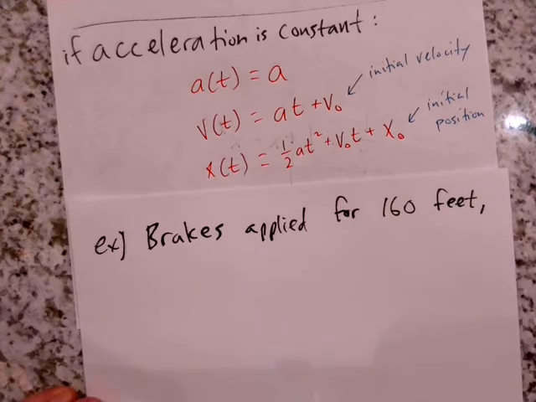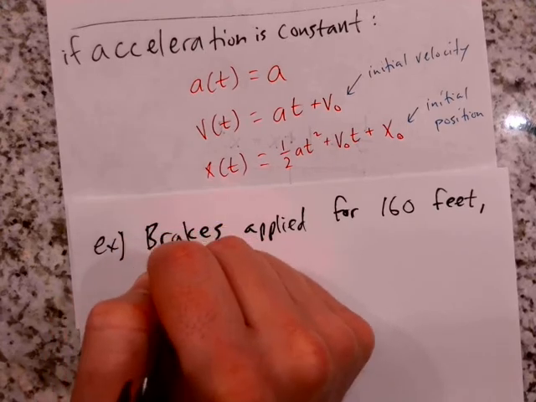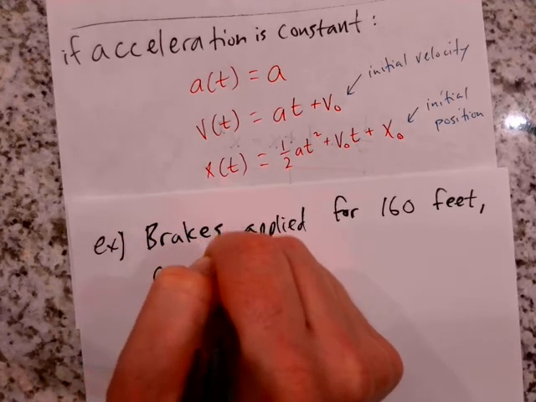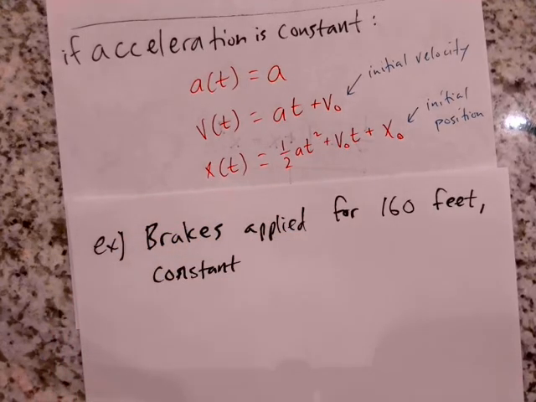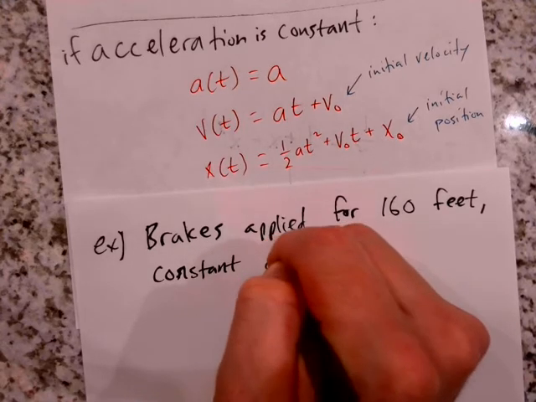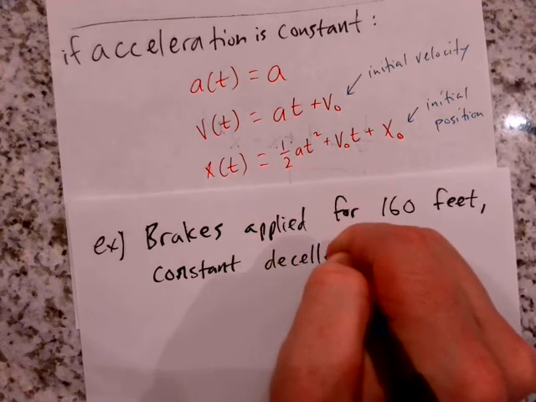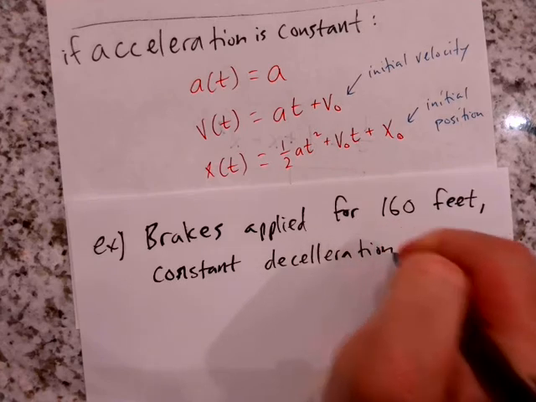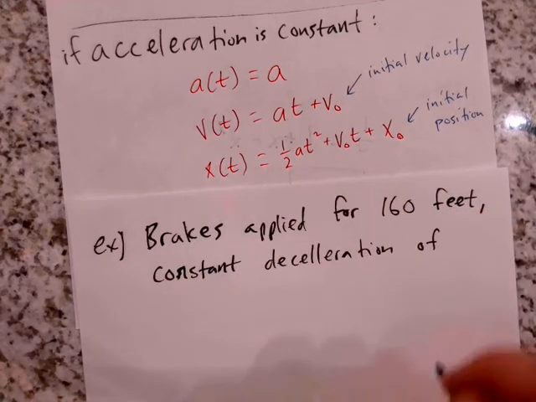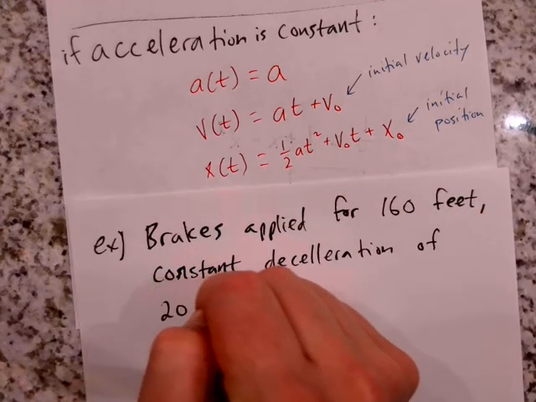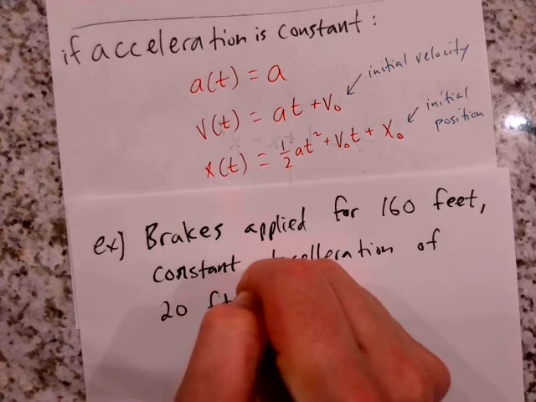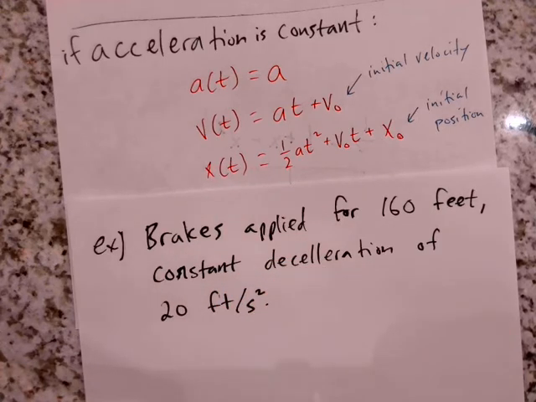And when you test this particular car in a controlled environment, you find that when the brakes are fully applied, there's a constant deceleration, which is a negative acceleration, of 20 feet per second squared. So at full brake, you go 20 feet per second slower every second.